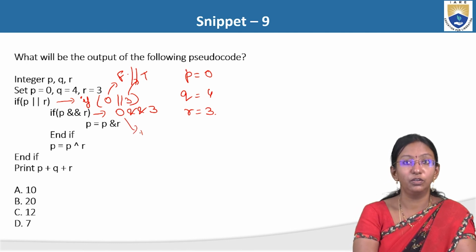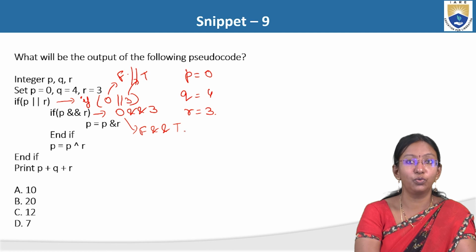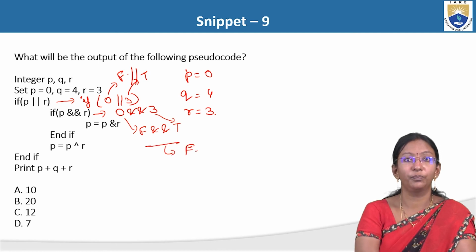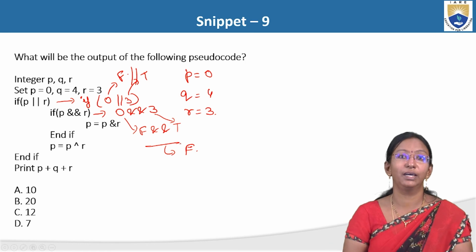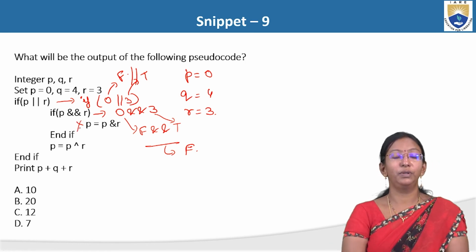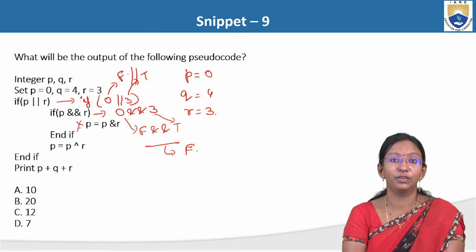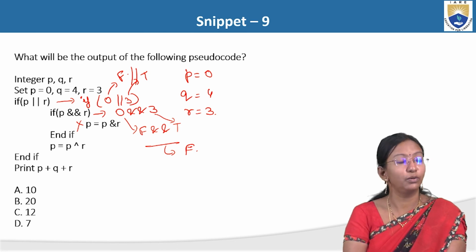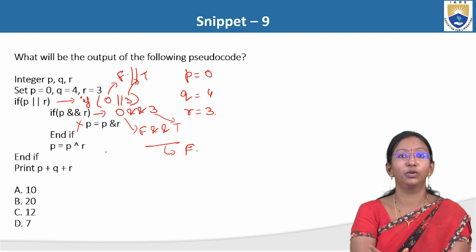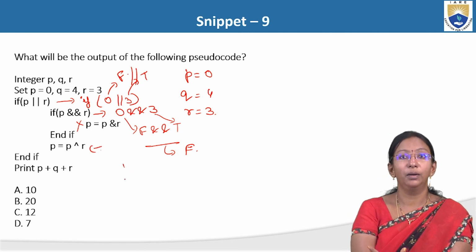Okay, so this is false and true. 3 is true. So the result is false. The body is not going to get executed, guys. So thereby, this part where p is being reinitialized as p bitwise AND r will not be executed. Otherwise, it is going to come out of it and p is equal to p XOR r will get executed.